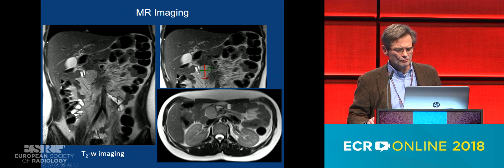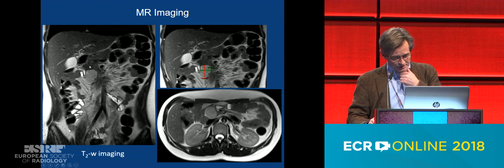It's about 3 to 4 centimeters in size. There is no associated ductal dilatation, both on the biliary tract side and on the pancreatic duct side. The lesion is hyperintense compared to the adjacent pancreas and hypointense if you compare to the gallbladder.